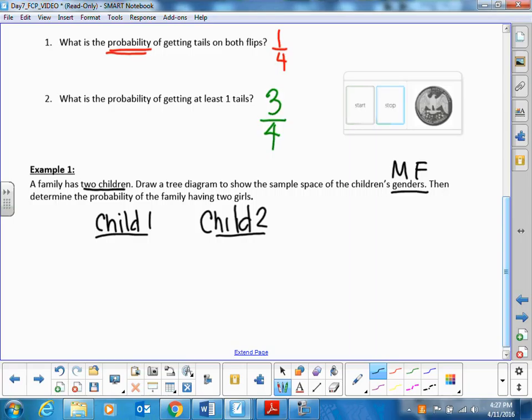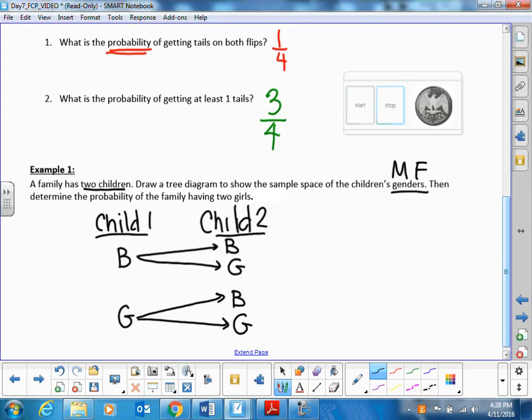So child 1 could be either boy or girl. Then if their first one's a boy, the second child could be another boy, or the second child could be a girl. If the first child was a girl, the second child could be a boy, or the second child could be a girl. So then, what are your outcomes?